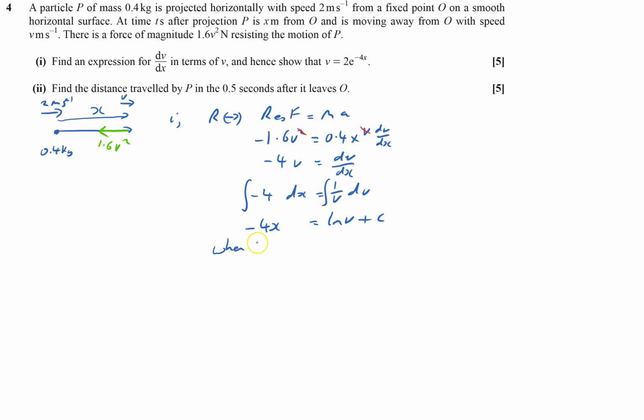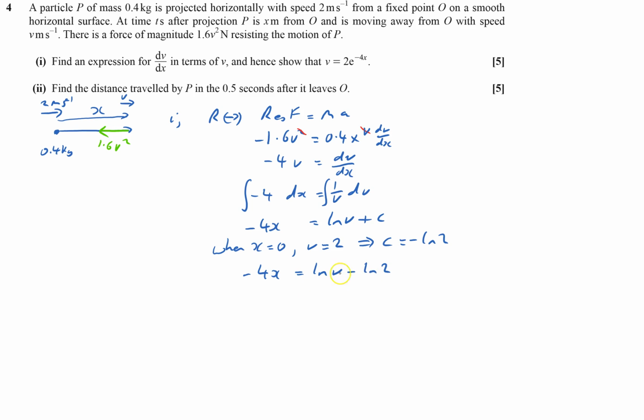When x equals 0, v equals 2, therefore c will equal negative ln 2, and we get minus 4x equals ln v minus ln 2.